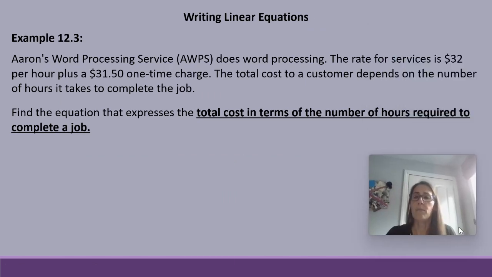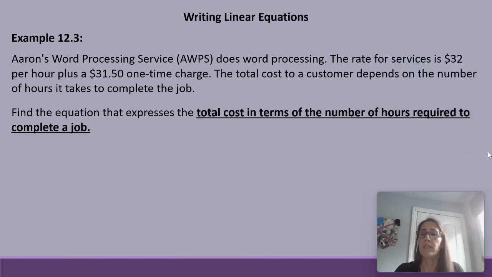So here's a couple of examples where we're going to be writing linear equations. This is example 12.3. Aaron's word processing service does word processing. The rate for the services is $32 per hour plus a $31.50 one-time charge. The total cost to a customer depends on the number of hours it takes to complete the job.